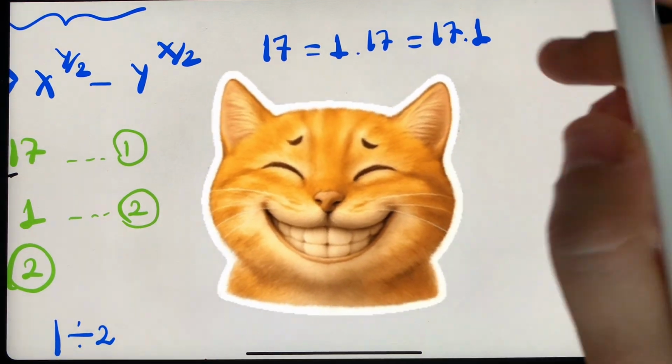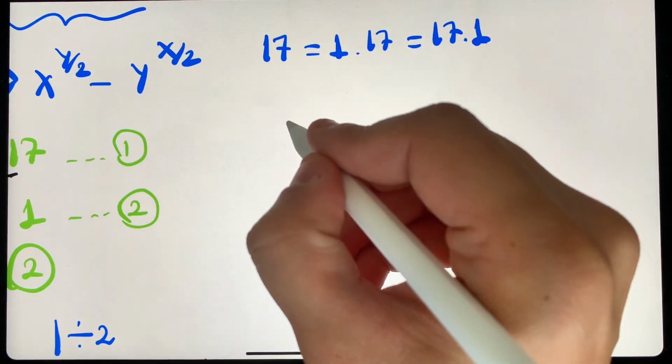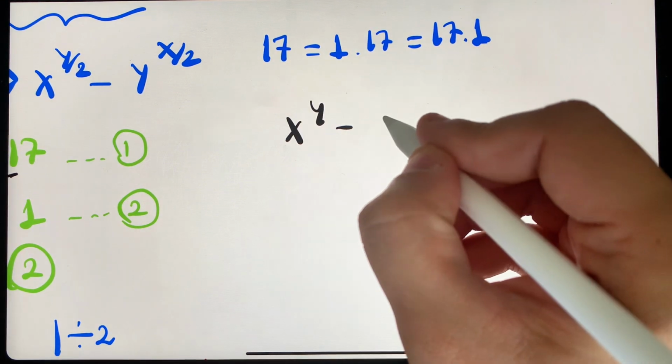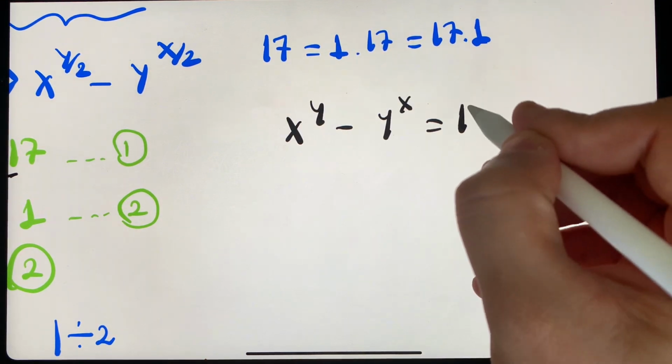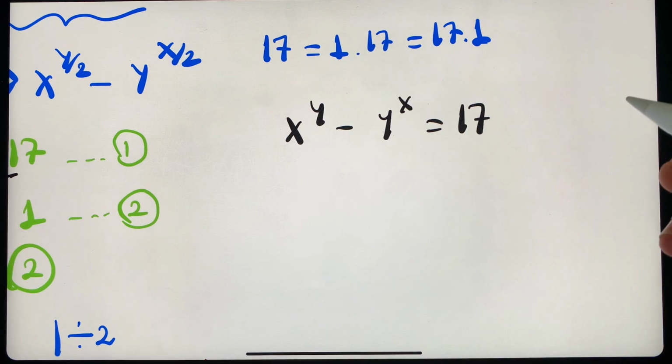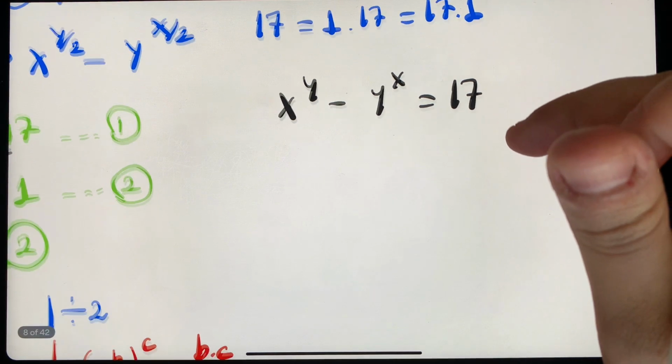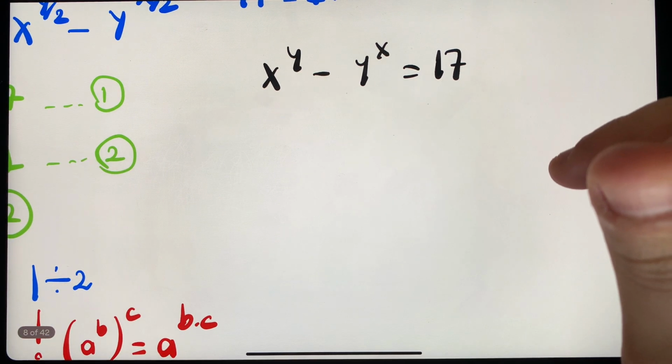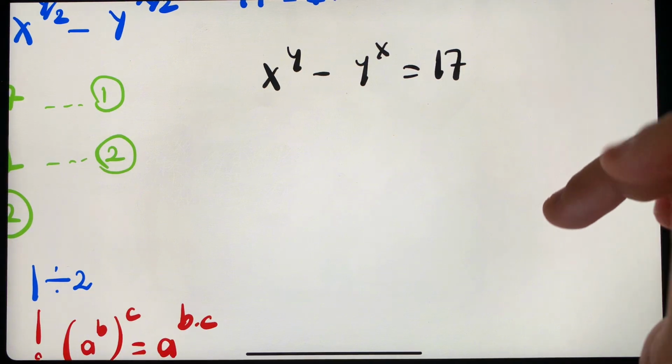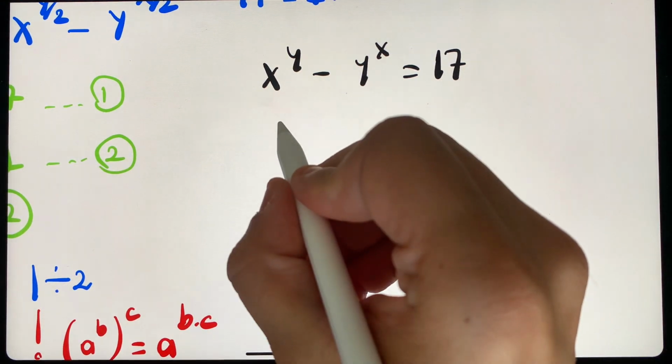Now after that, look at what our question was in the first place: x to the y minus y to the x is equal to 17. Let's think of numbers over 17. Imagine if I took y, for example, 1.